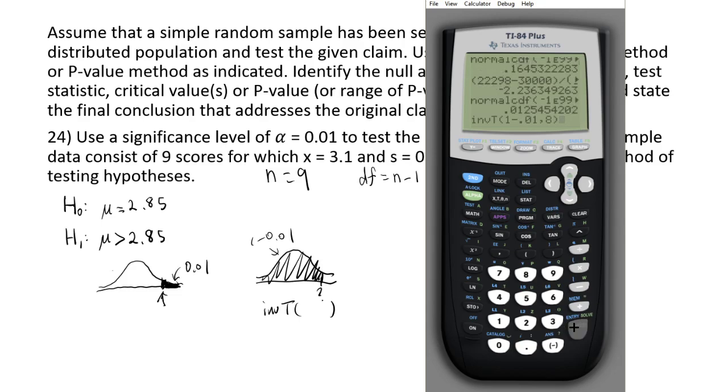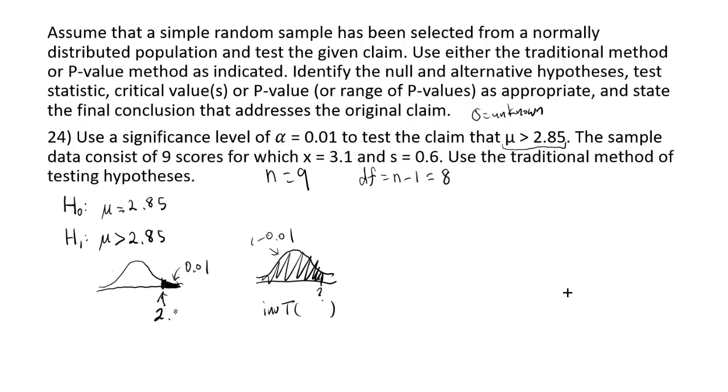And then you paste, and the value is 2.896, or 2.90 if you round it to the hundredths. So that means anything greater than 2.90 would be inside the rejection region, and we will reject the null hypothesis. Okay, so that's step 2.